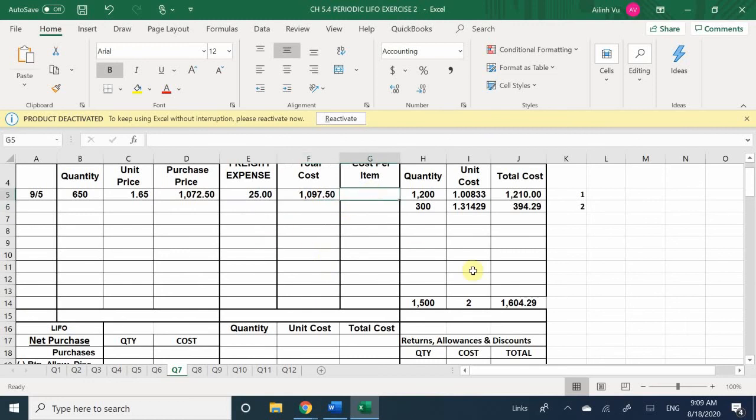And my cost per item is going to be 0.68846. And you said it was a long number. Okay, good.